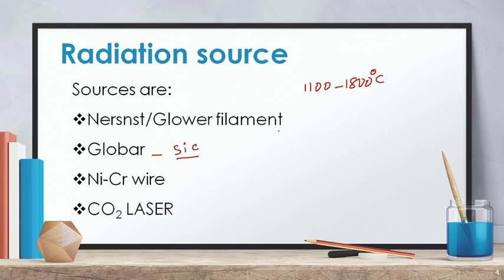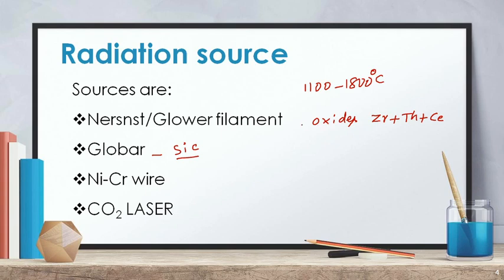One more radiation source is the Nernst filament. The Nernst filament is a high resistance brittle element composed of a mixture of sintered oxides of zirconium, thorium and cerium, with a binding material.